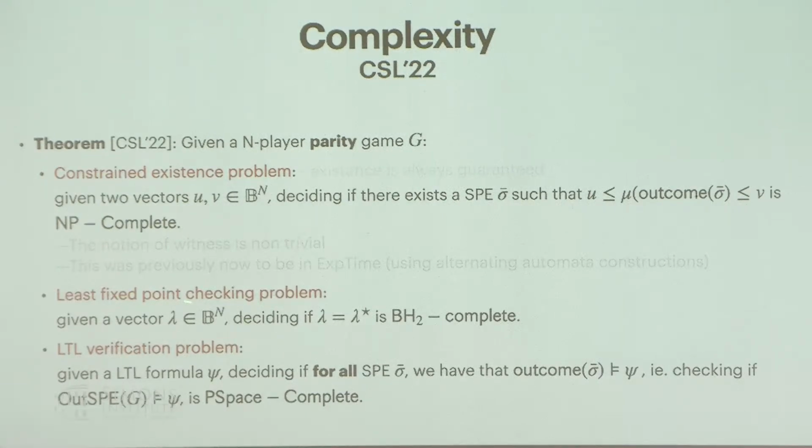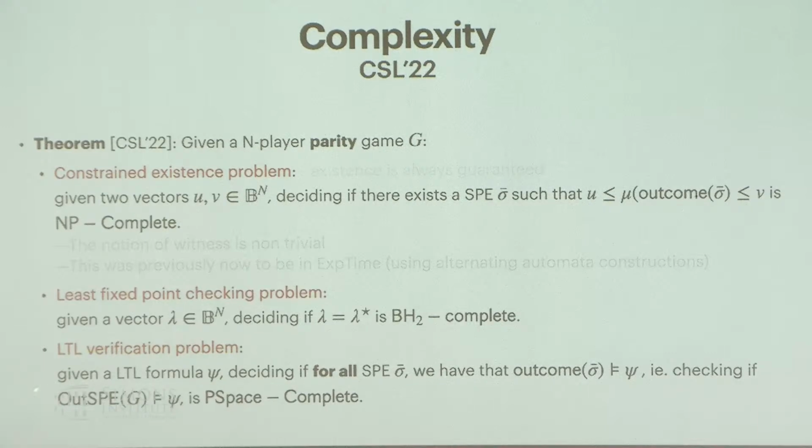We can also consider the problem of deciding if the given lambda is this fixed point. So this is PH2 complete. And as I said, when we have computed this lambda function, we can consider a Streett automaton that characterizes exactly all the paths that are supported by an SPE.